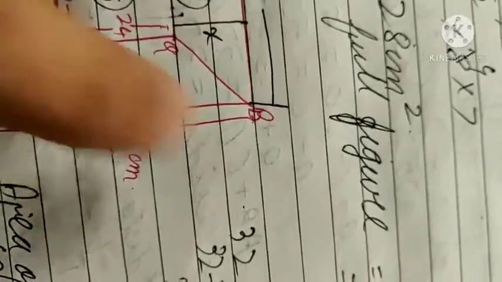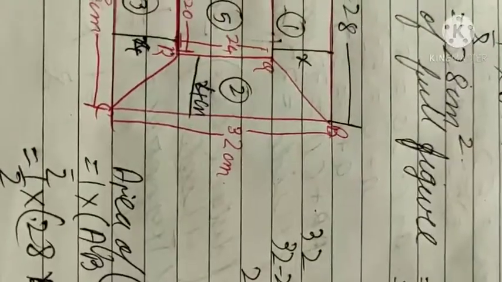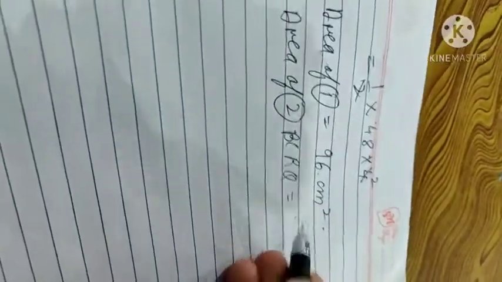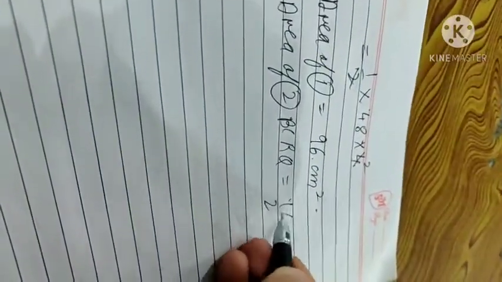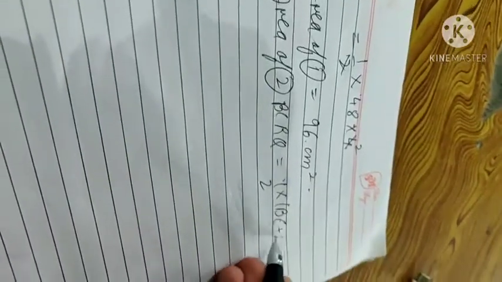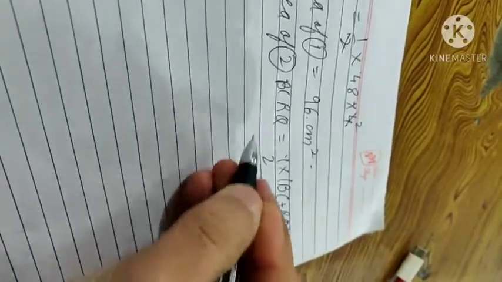So this is the distance. This and this are the parallel sides in this trapezium. Area of BCRQ equals to half into sum of parallel side, that is BC plus RQ into distance between them was x.